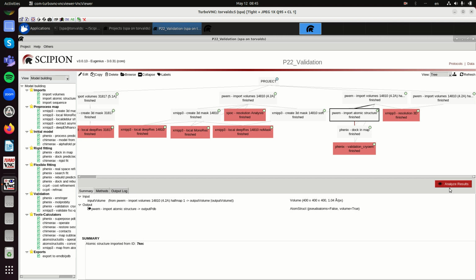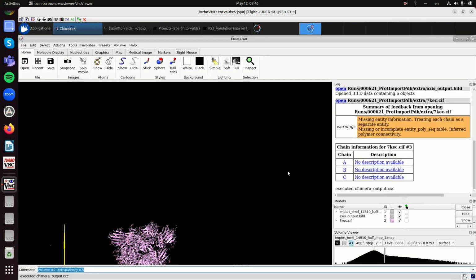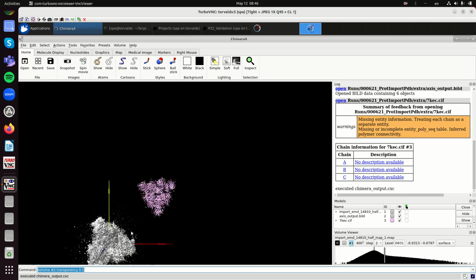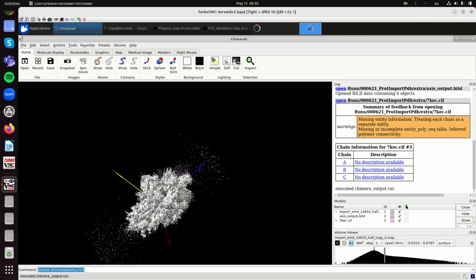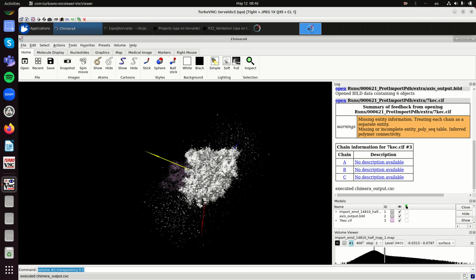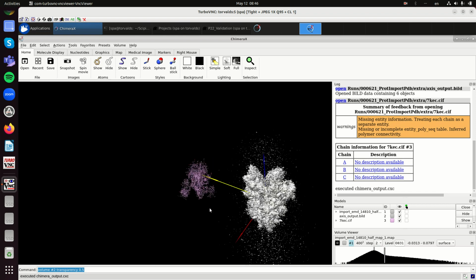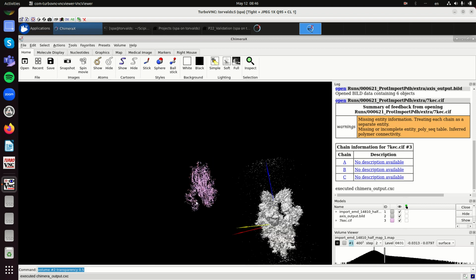So we can analyze this map and the PDB put together. What we see is that the origins are not the same, and they are even turned upside down, you see. So this is the upper part of this map.